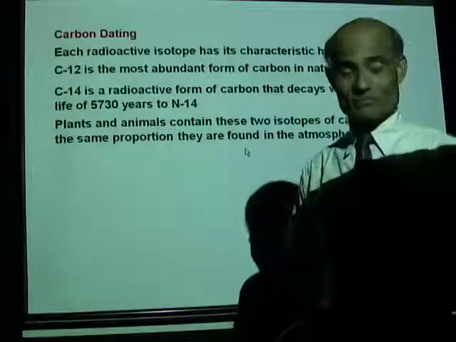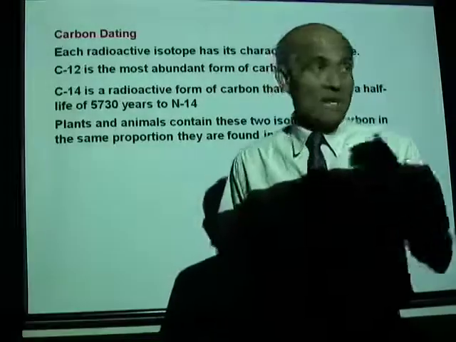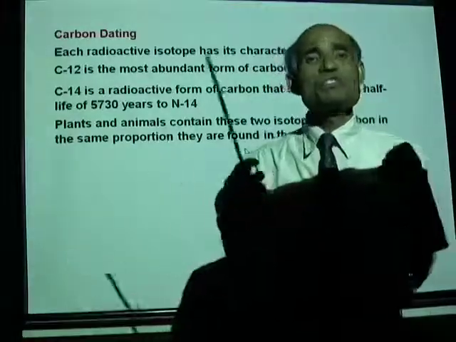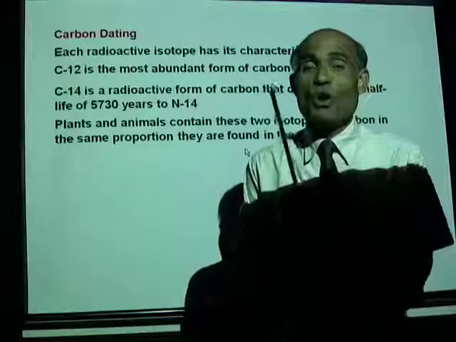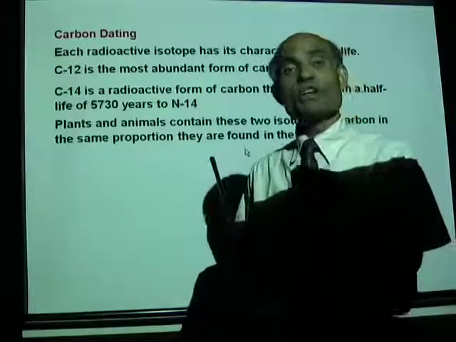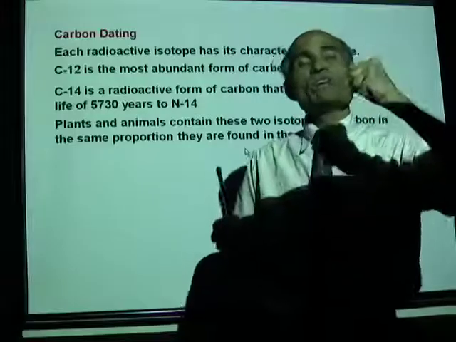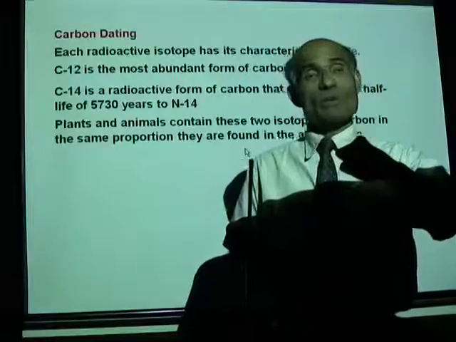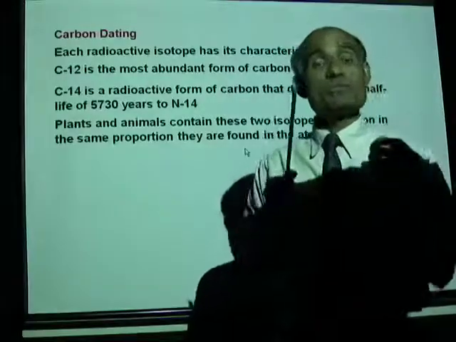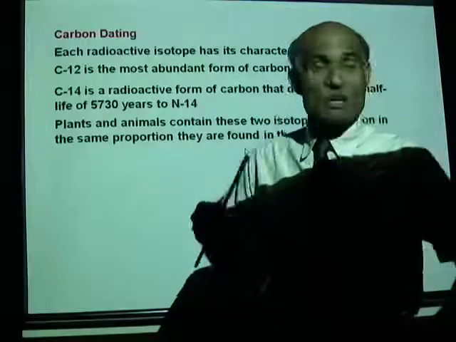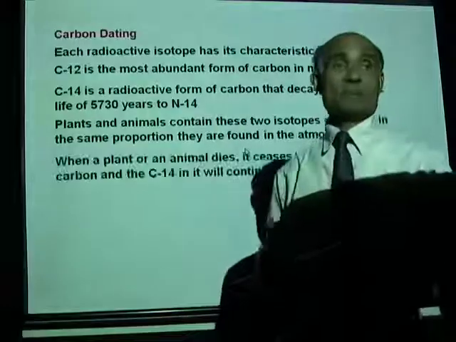Plants and animals contain these two isotopes of carbon in the same proportion they are found in the atmosphere. So you and I and all the trees and everything around will contain the same proportion of carbon 14 and carbon 12. The ratio of carbon 14 divided by carbon 12 will be the same in you and me and the trees, and the same as the ratio found in the atmosphere.